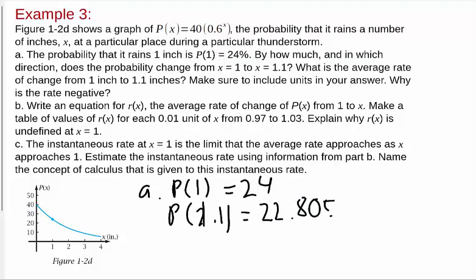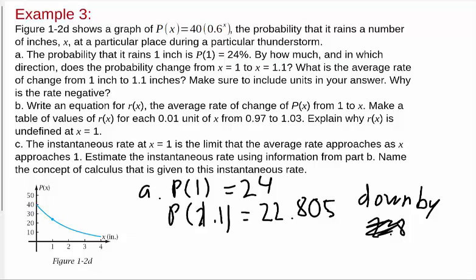So let's see here. Well, it clearly is going down. It's getting less. So, by how much? Well, by 2.805%. So it goes down by 2.8, well, not 2.805, sorry.